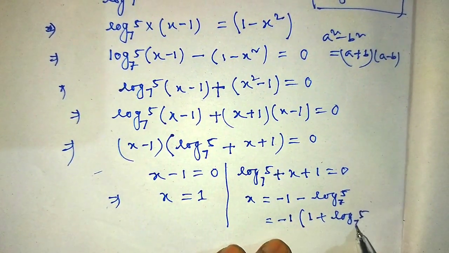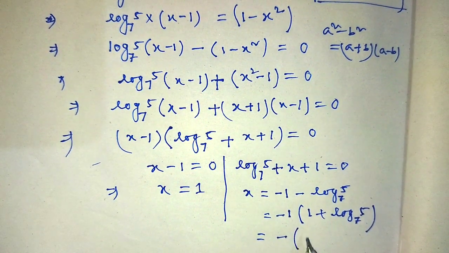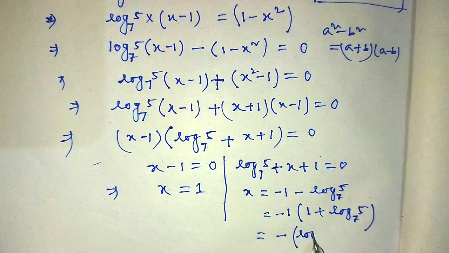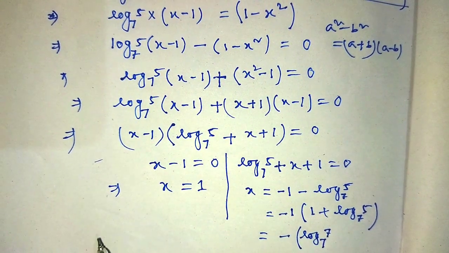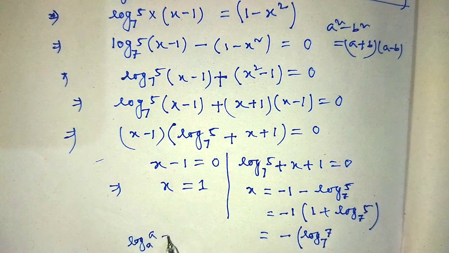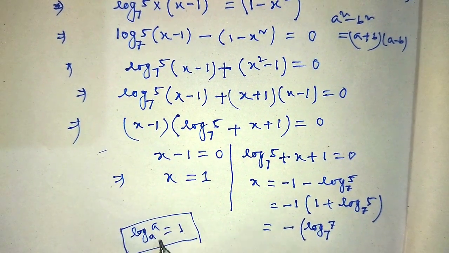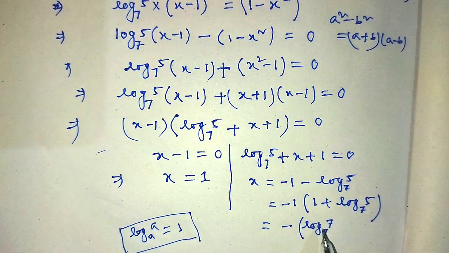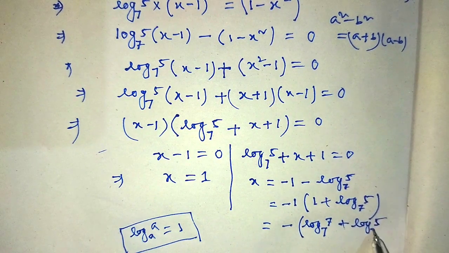Inside this bracket, in the place of 1 we take log of 7 to the base 7, because our formula is log of a to the base a is equal to 1. So according to this formula we write in the place of 1 log of 7 to the base 7 plus log of 5 to the base 7.